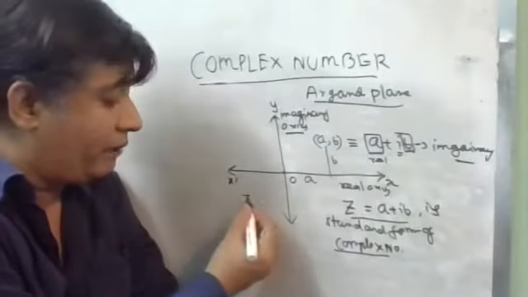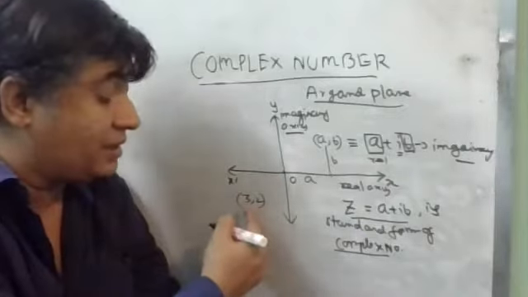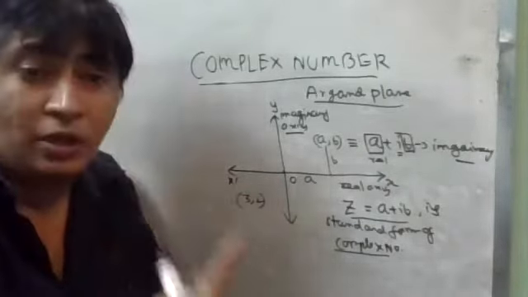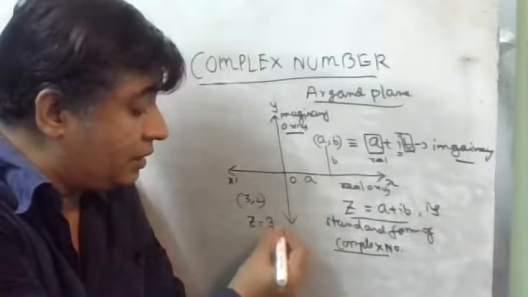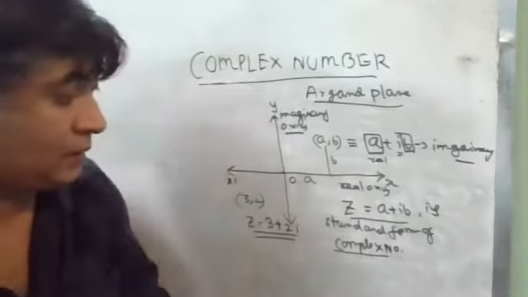Suppose you get the point (3, 2) in coordinate geometry, then what is its representation in the complex plane or Argand plane? That is z equals 3 plus 2i.